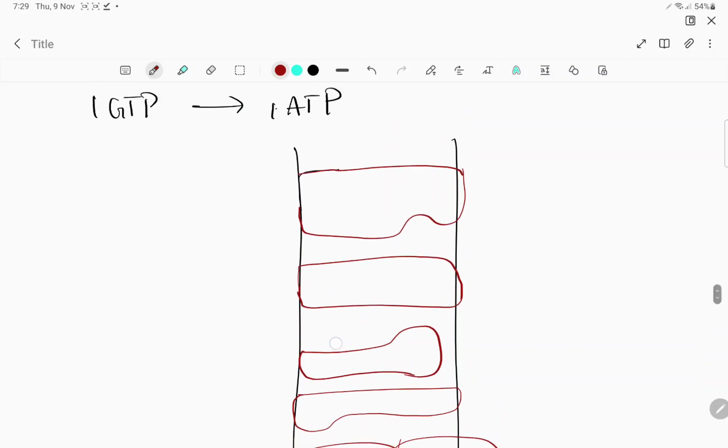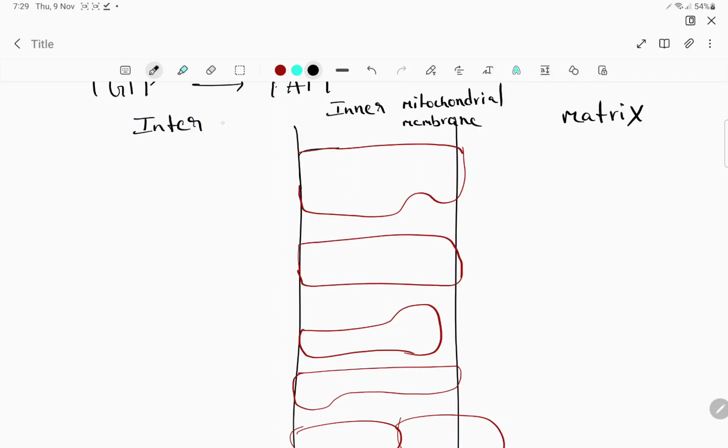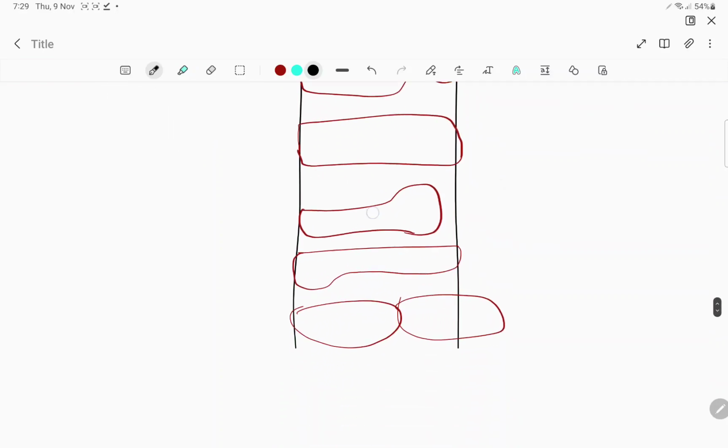So let's name it. Here if you see, this is the inner mitochondrial membrane. This is the matrix. This is the intermembrane space. So let's see the complex names.